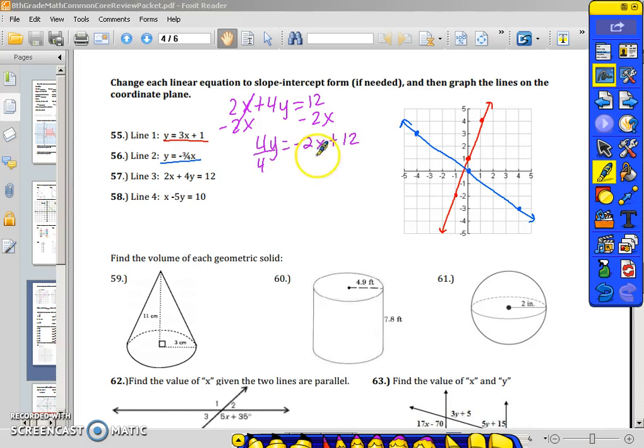Divide by 4 on both sides. I'm dividing every number by 4. -2/4 simplifies to -1/2. And 12/4 becomes 3. So I start at 3 on my y-axis, and my slope is -1/2, so go down 1/2, down 1/2.